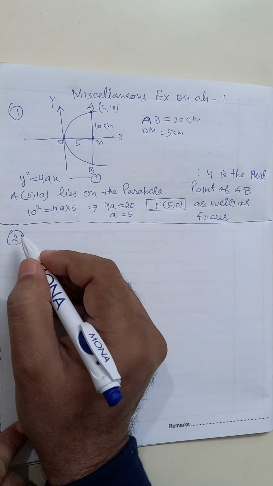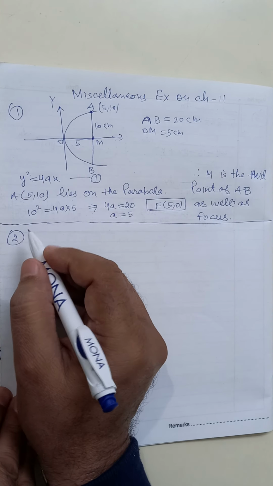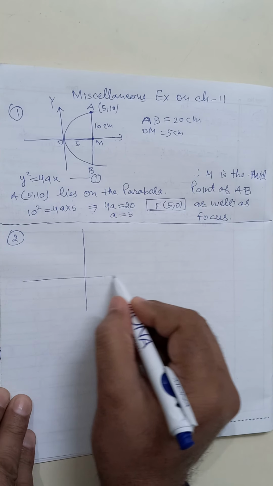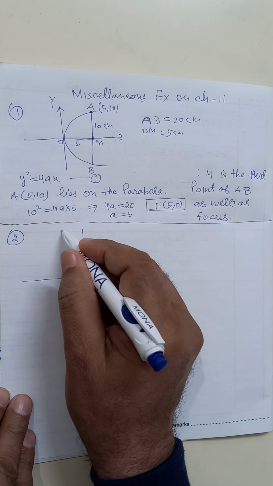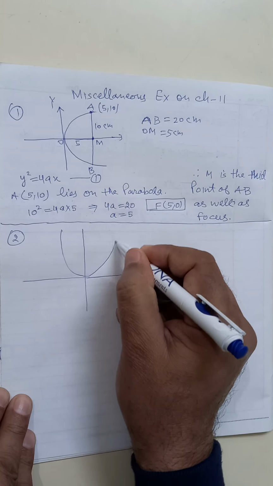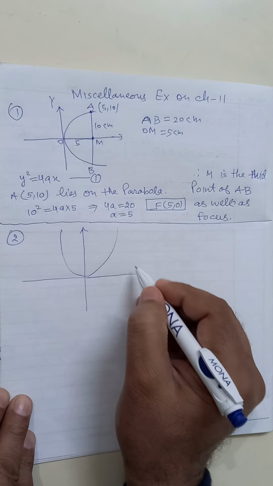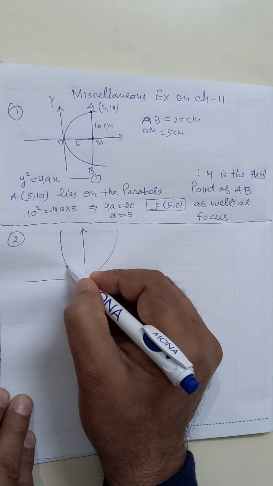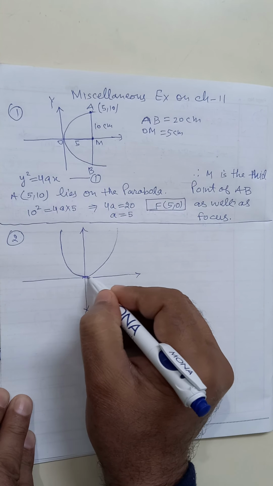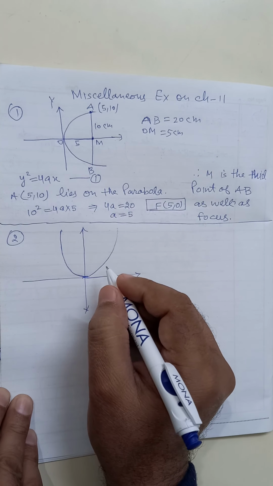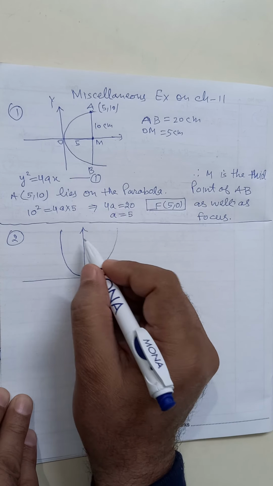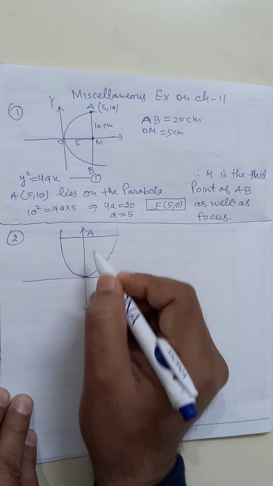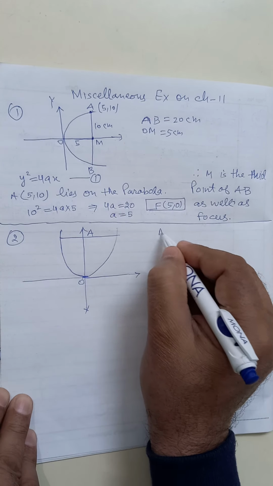Second, an arch is in the form of a parabola with its axis vertical. The arch is in the form of a parabola like this. And the arch is 10 meter high. Therefore, this AO is 10.